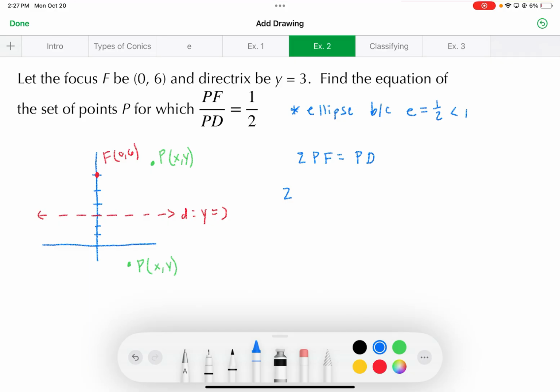So carry the 2 down. The distance from point P to F would be the square root of x squared plus y minus 6 squared again. Okay, now what's the distance from P to D?